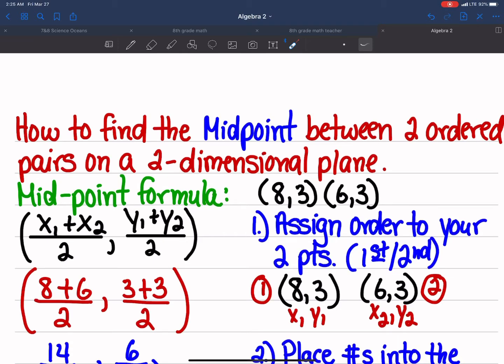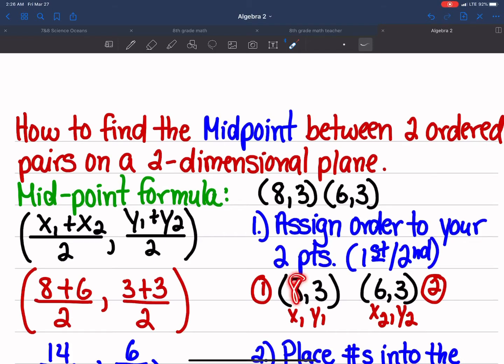So first step number 1, assign order to your points. So decide which one is first, which one is second. It really doesn't matter how you do this because you're adding, okay? So even if you had negative numbers here, the addition part will make this simple. But anyway, we're going to keep them the way I have them here.